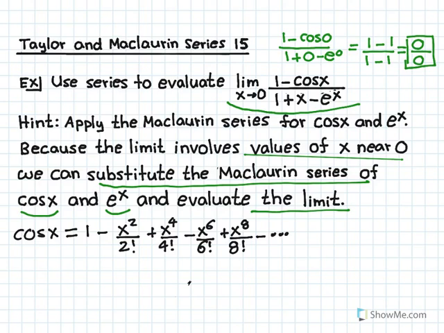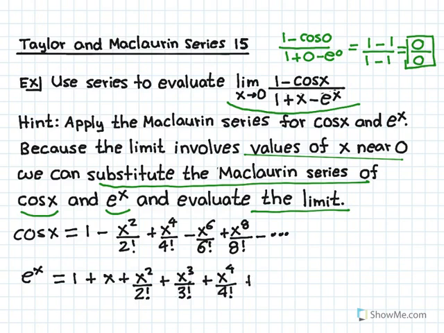And the Maclaurin series of e to the power of x is equal to 1 plus x plus x squared divided by 2 factorial plus x to the power of 3 divided by 3 factorial plus x to the power of 4 divided by 4 factorial, and so on.